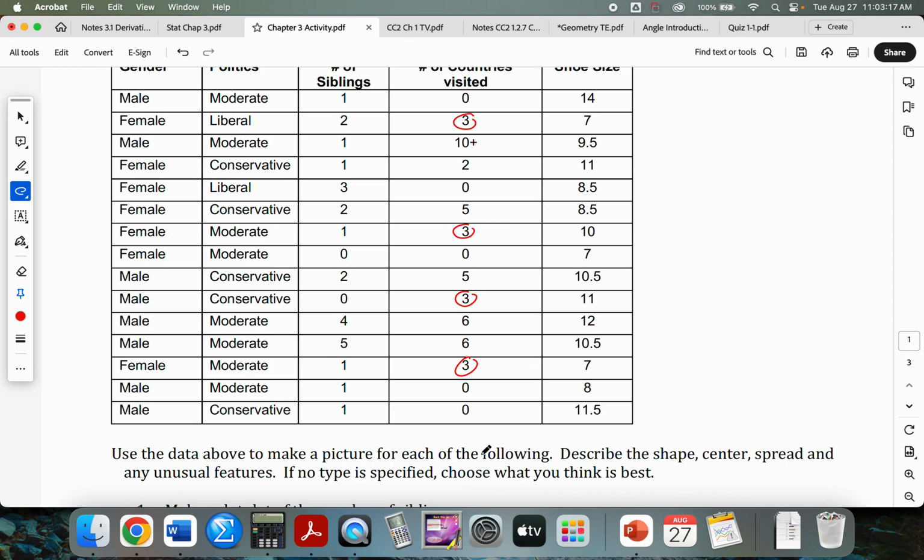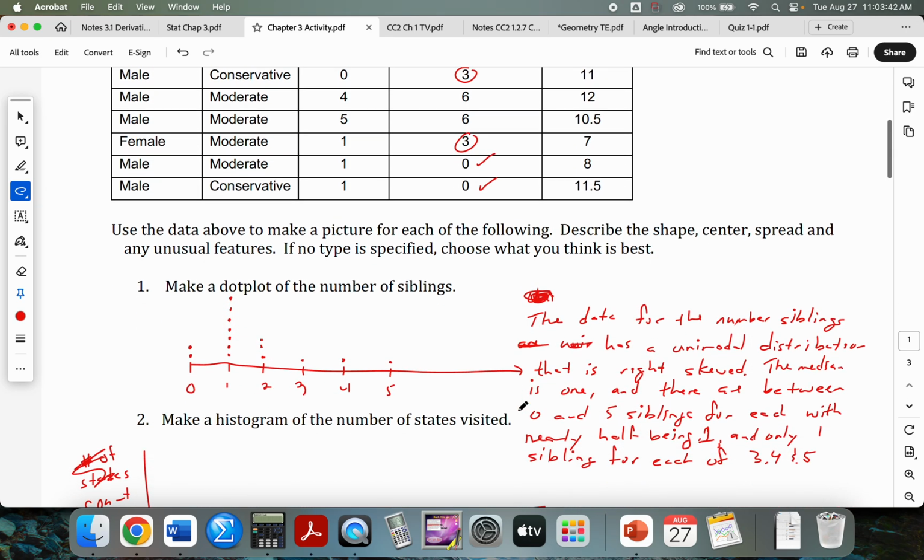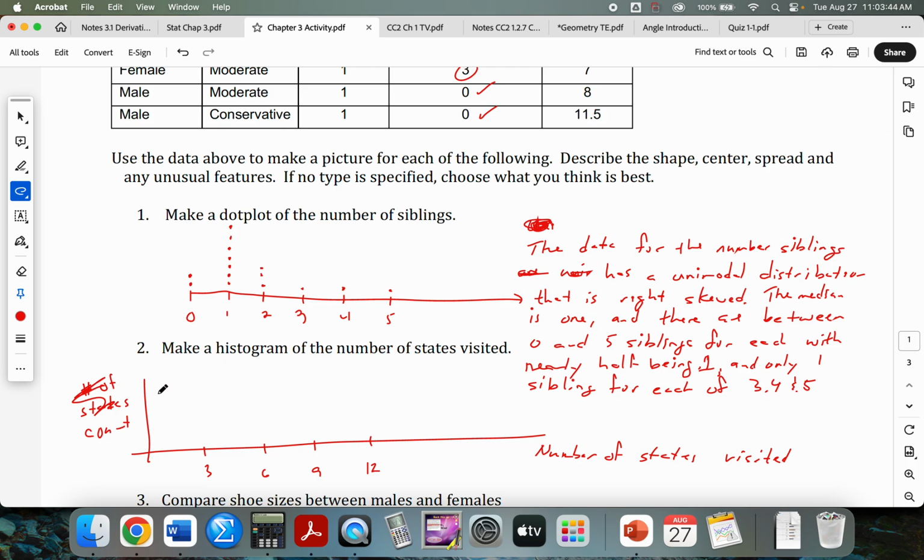But remember, you always include the left side, but you don't include the right side. So let's see, I'm going to check them off: 1, 2, 3, 4, 5, 6. I'm going to say that that's 6.